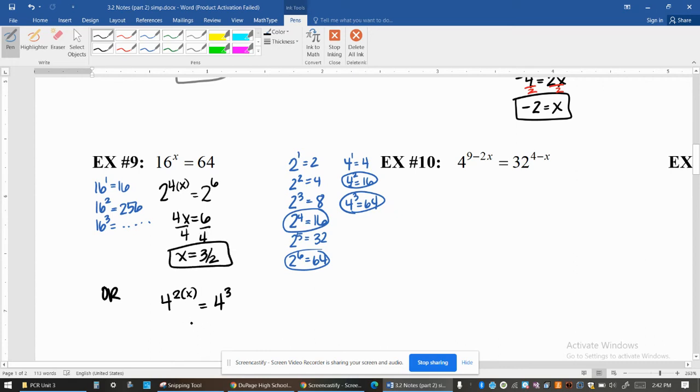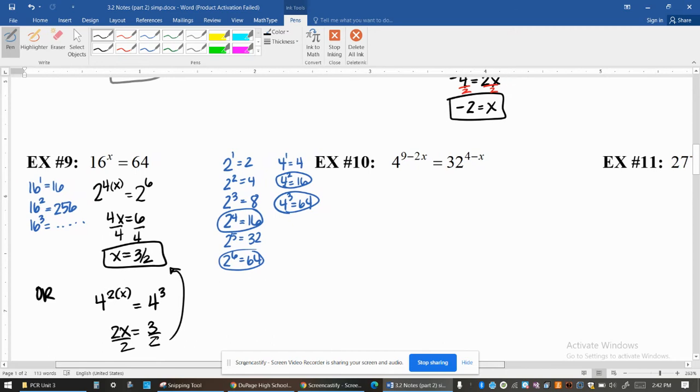You'd get the same thing if you solve for x here. Notice that we would also get 3 halves. So it is possible to have 2 different bases, as long as they give you the 16 and the 64 in this case and get the correct answer. So you have a little bit of freedom there.